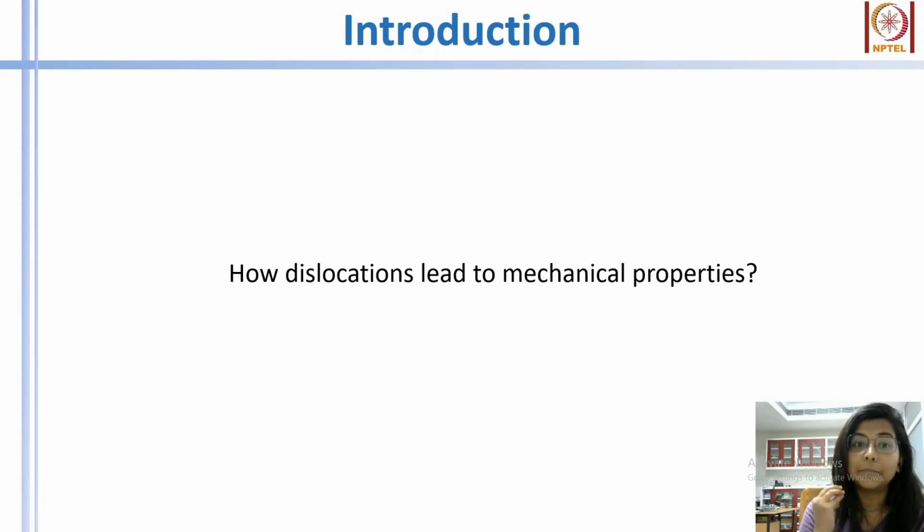Mainly the mechanical properties of materials, which are the foundation and very important in engineering and metallurgy and everything. Dislocations lead to mechanical properties. So that is why it is very important to study dislocations.